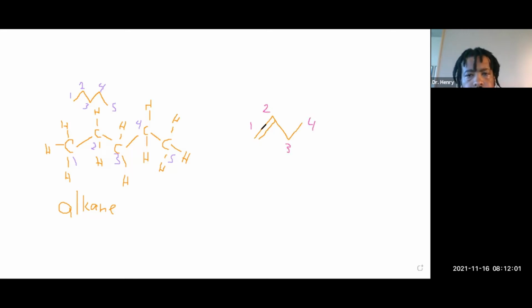Okay, so this is a 4-carbon chain. We have a double bond between the first and the second carbon. This guy, since it has one double bond, is going to be an alkene, belonging to the alkene group.